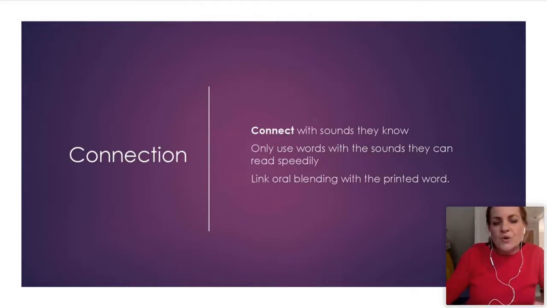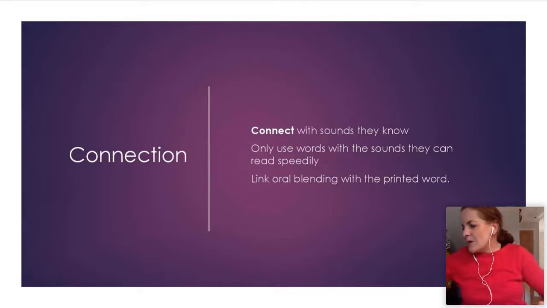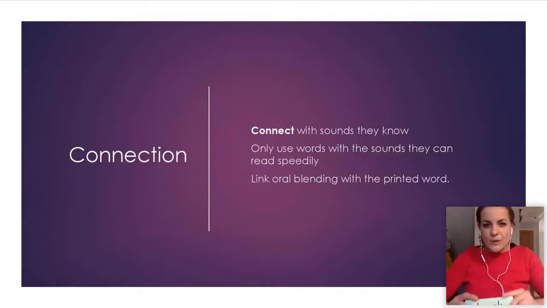We should also only use words with sounds that they can really do speedily. So if it's a brand new sound and they're a lot slower, we wouldn't be going on to the whole written word just yet. And we've got to make sure that we link that oral blending with the printed word.